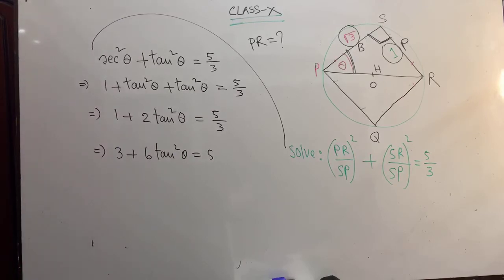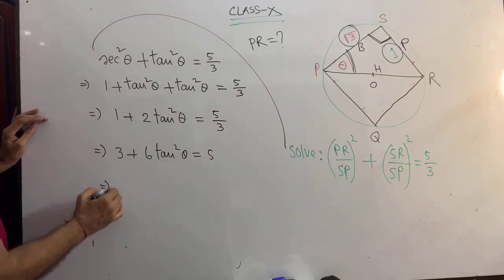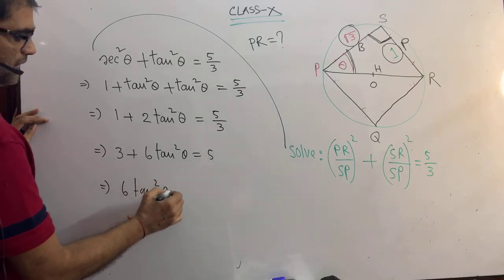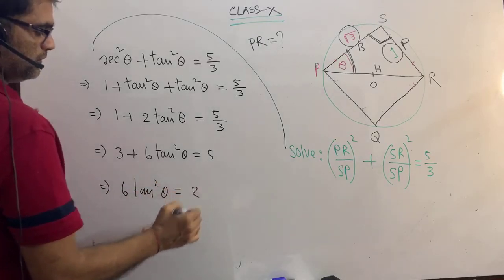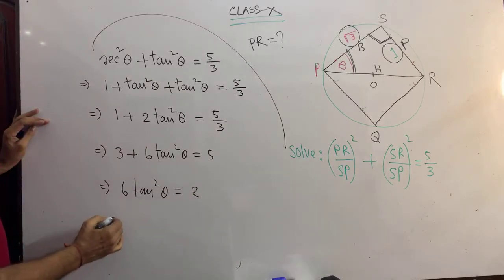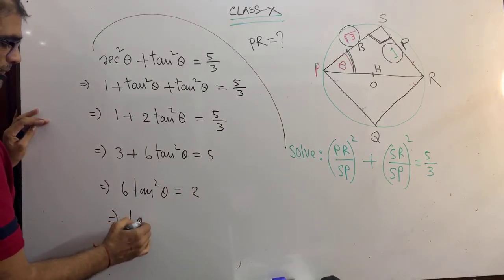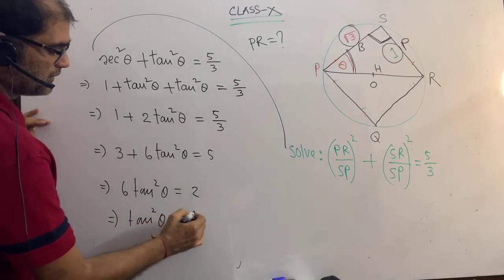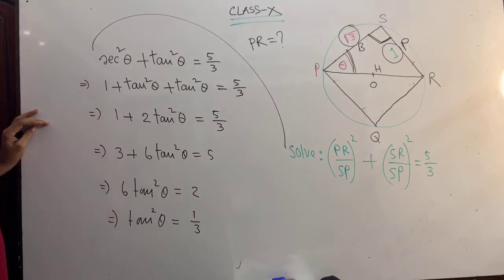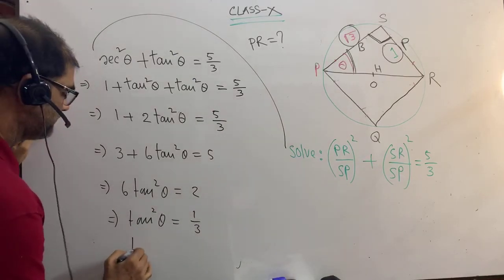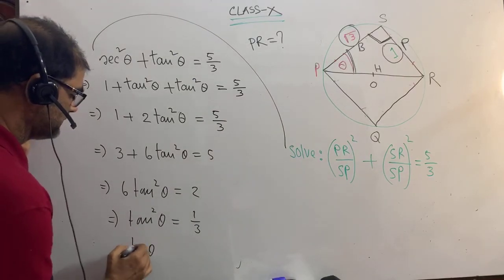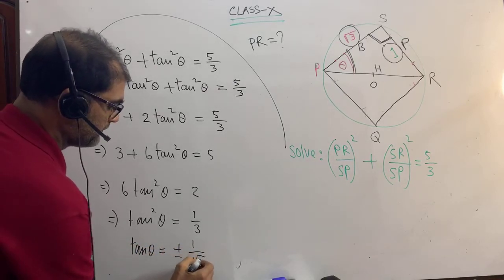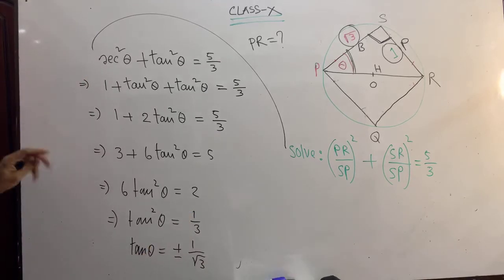Okay, now from here we can write 6 tan square theta equals 2. That is, tan square theta is equal to what? 1 by 3. That means tan theta is equal to plus minus 1 by root over 3, right?